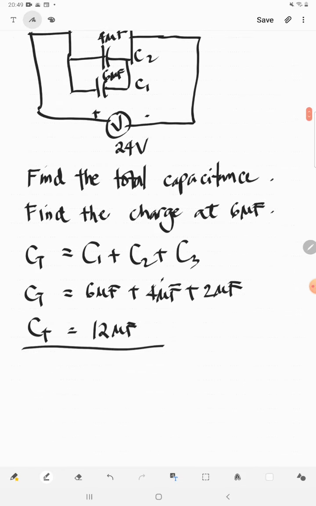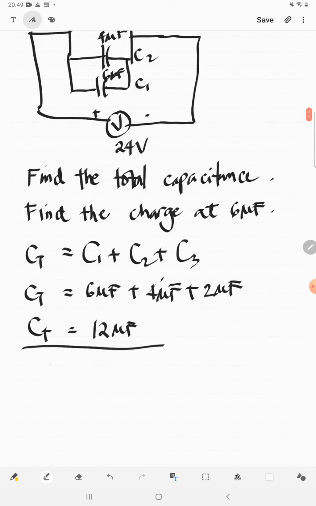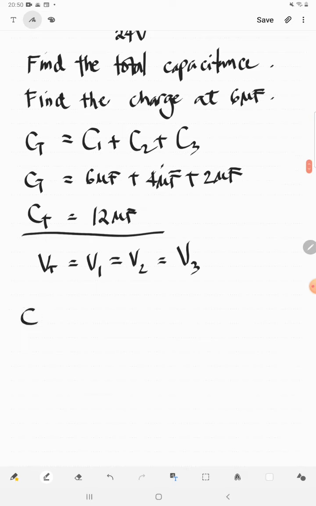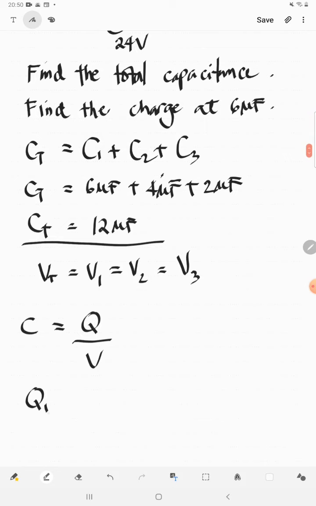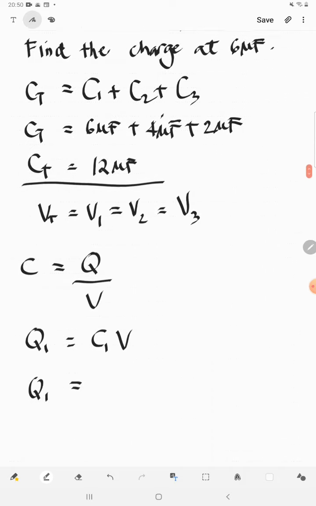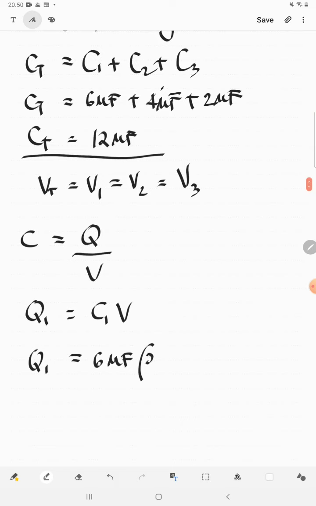Now, to find the charge at C sub 1, you know that in parallel, V total is simply equal to V1, which is equal to V2, which is equal to V3. Our capacitance is equal to Q divided by V. So Q at 1 is simply equal to C1 times V. Therefore, Q sub 1 is equal to C1, which is 6 microfarad, times V, which is 24 volts.